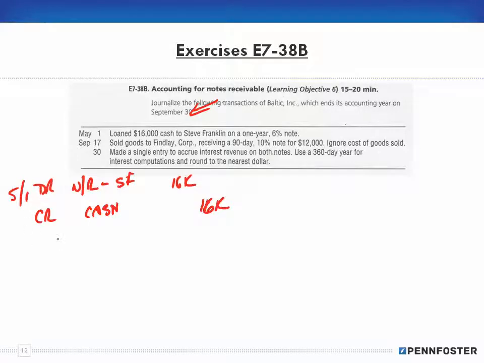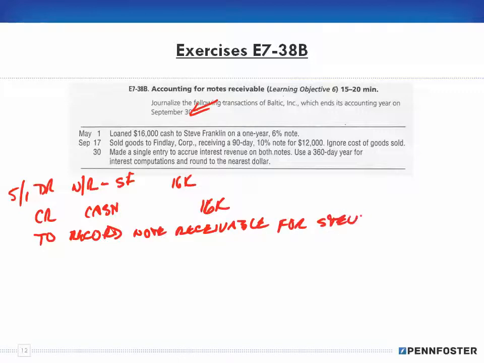However, this is what I would actually make: to record note receivable for Steve Franklin, $16,000 at 6% for 1 year.